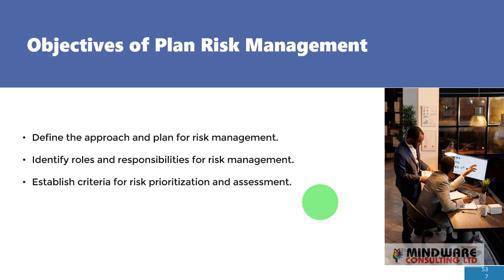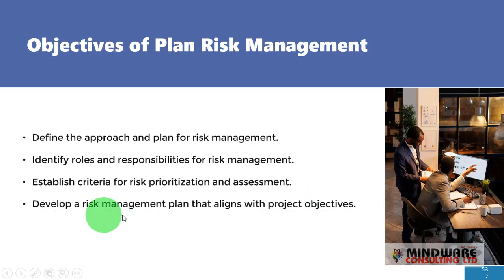From the order of their severity and the magnitude of the adverse impact they could have on the project. So you're going to set your priority in that order. And then of course you're going to have to assess the magnitude of that impact, and then develop a risk management plan that aligns with project objectives.